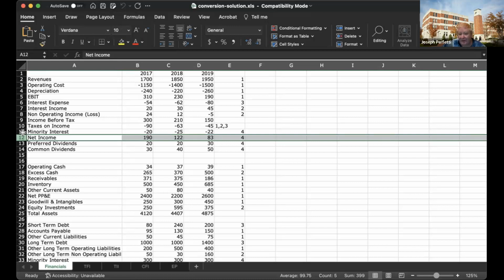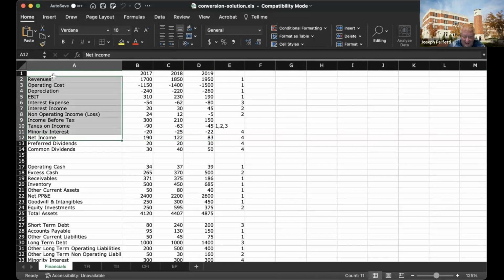So even though I gave you dividends listed on rows 13 and 14, they're actually not part of the income statement. They're part of a third statement called the statement of cash flows, the GAAP statement of cash flows. But they're critical to doing our CFI, so I put them there under net income. So when we do TII, you stop at net income. Dividends are not part of TII. Okay.